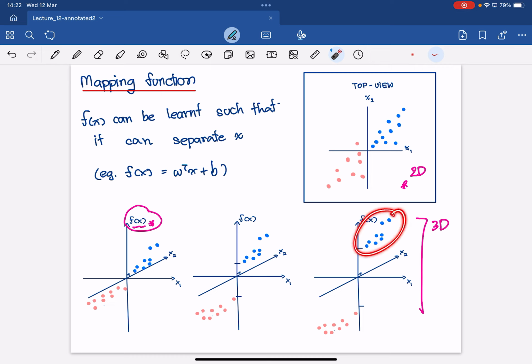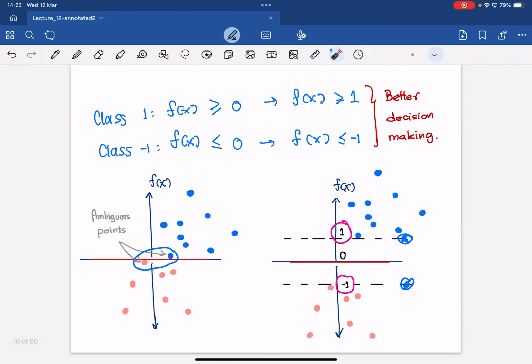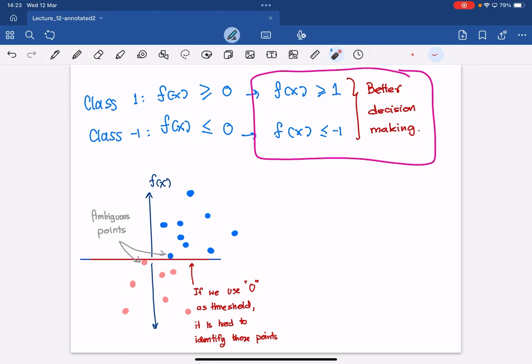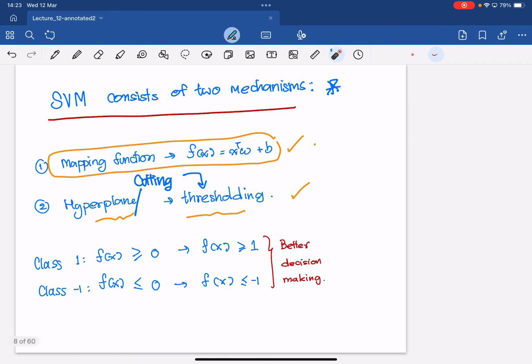And as they are separated from one another, then you can get a hyperplane to cut it. And with that, you can make a safe choice of what these points belong to and what those points belong to. So that is the mapping function and the thresholding. So now we know these two things.